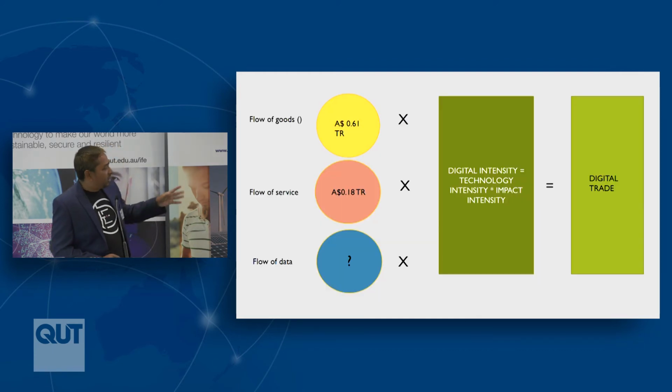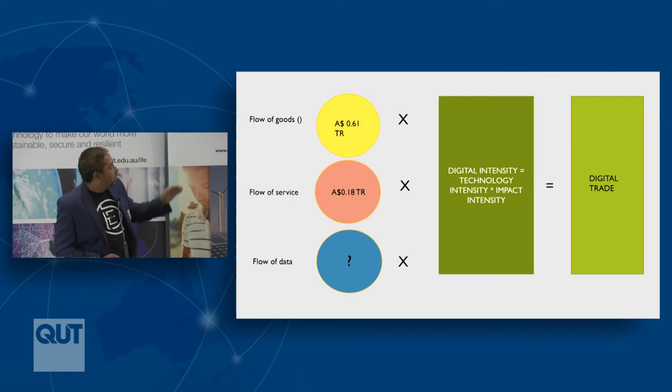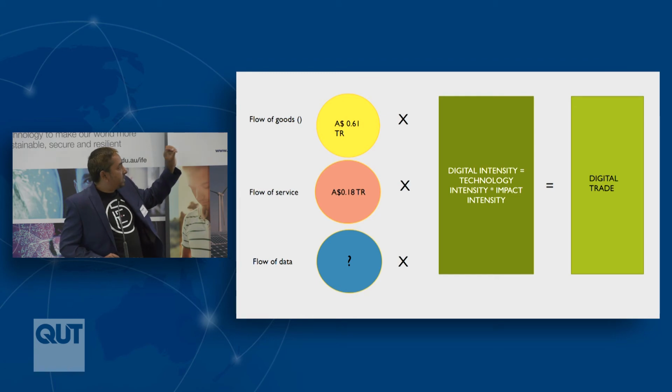So here is the framework of how we can actually measure digital trade or digital export. If we think about the flow of goods, it could be Australian dollar 0.61 trillion. Okay, this is the flow of goods. And we have the flow of service.